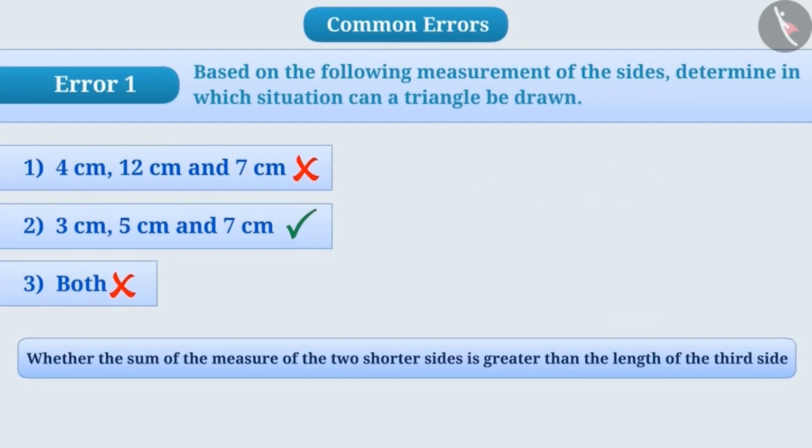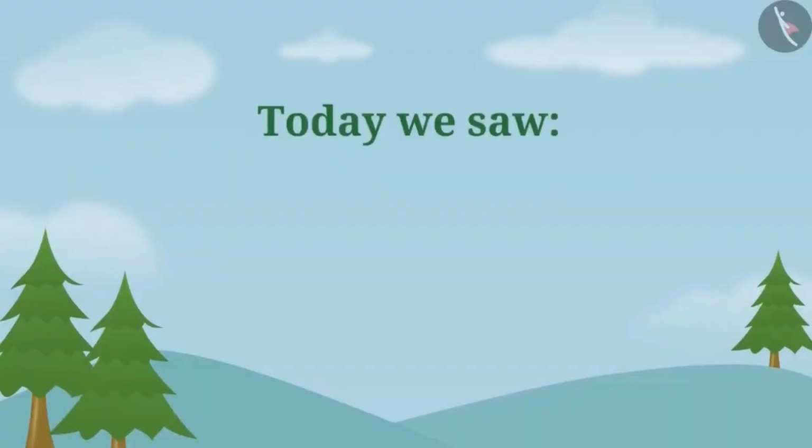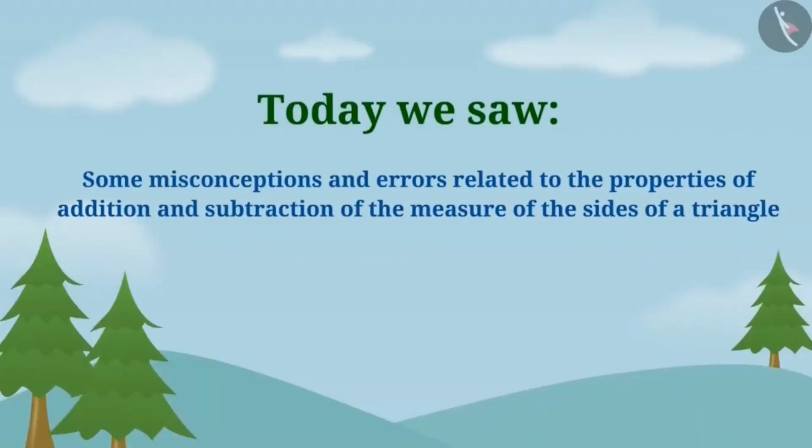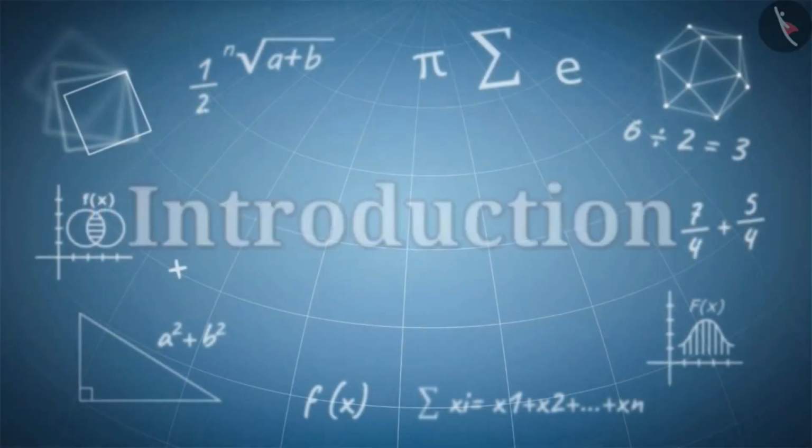In option 2, the sum of the lengths of the two shorter sides, 3 cm plus 5 cm, is more than the larger side, 7 cm. So, we can draw a triangle based on option 2. So today we saw the misconceptions and errors related to the sum of the measurements of the two sides.